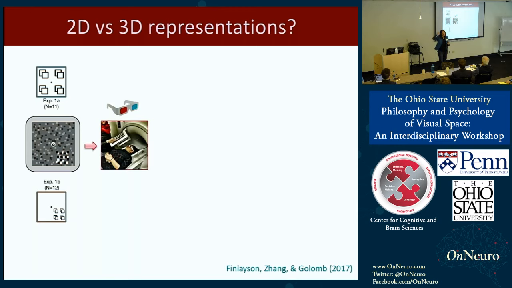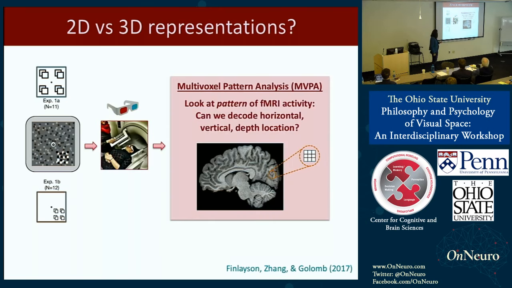So for example, top left front, or bottom left right, bottom left back, and so forth. And so we record from the brain using fMRI, and we get the activation patterns throughout different areas of the brain while people are watching these stimuli.